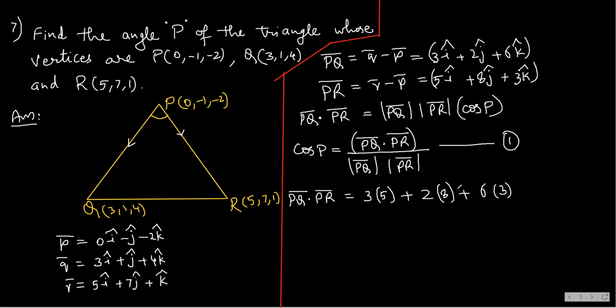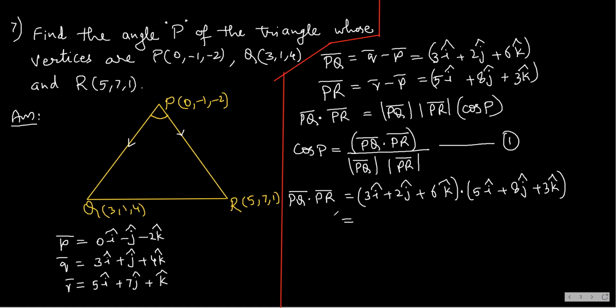Or if you want to write it in detail, then you may write the vectors here. See here, this is 3I cap plus 2J cap plus 6K cap dot, here you have 5I cap plus 8J cap plus 3K cap.